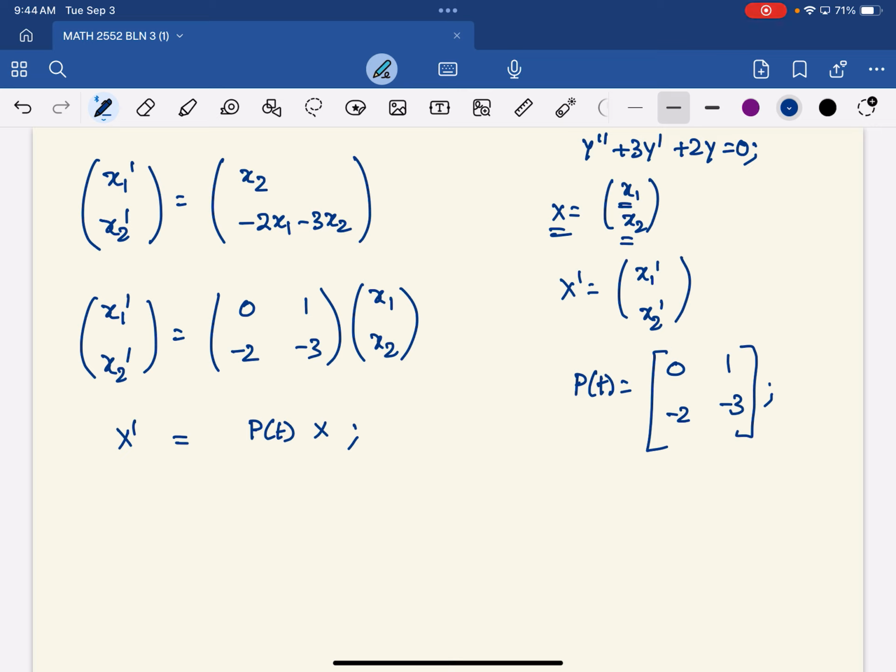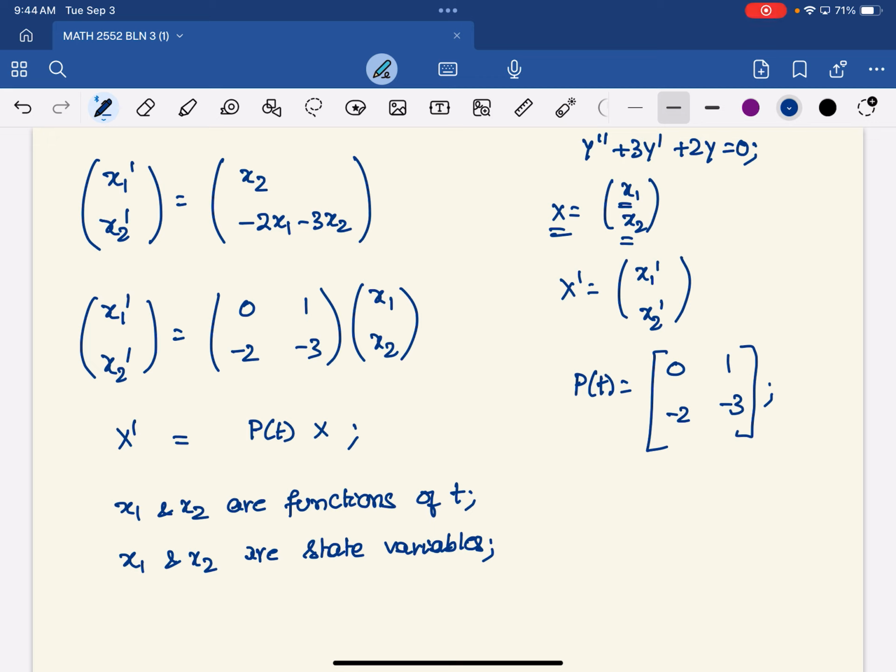So now x1 and x2 are functions of t. x1 and x2 are referred to as state variables. It's just a name. We are not going to use it much in the future. And x, a vector with x1 and x2, is called the state of the system at time t.